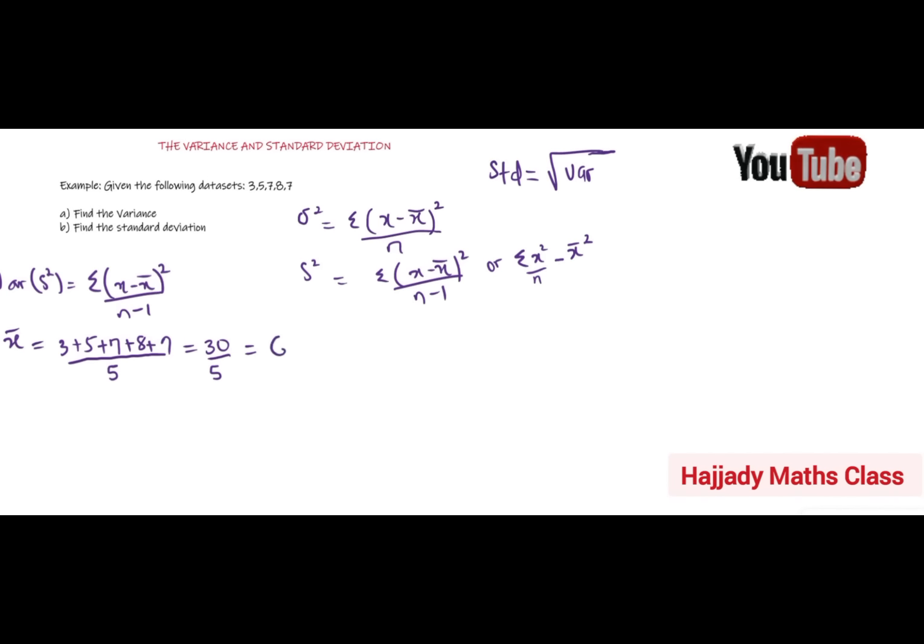So now making use of the formula here, which is summation of x minus x bar, our variance will now be equal to each of the observations minus the mean.